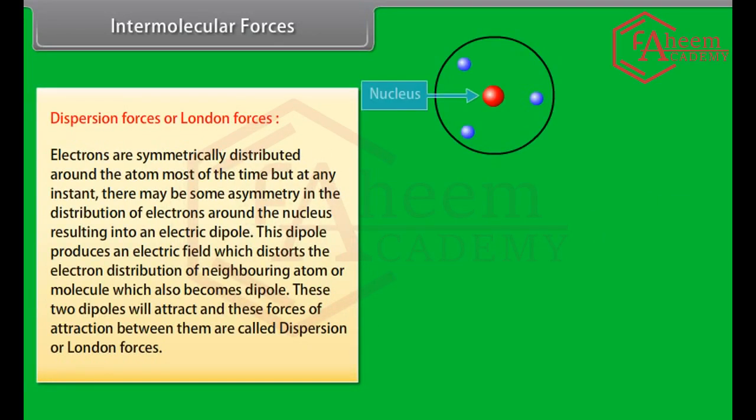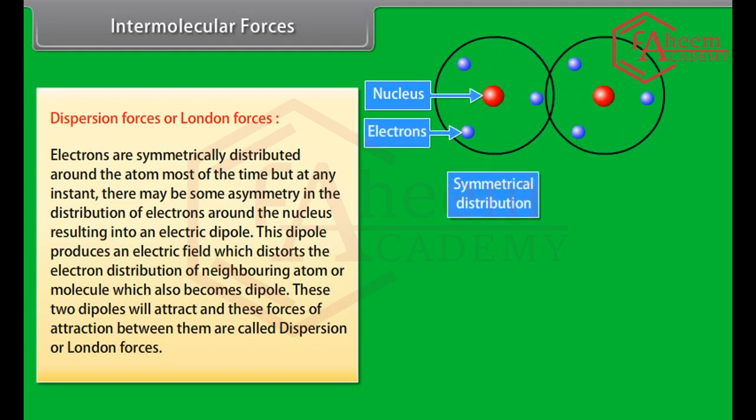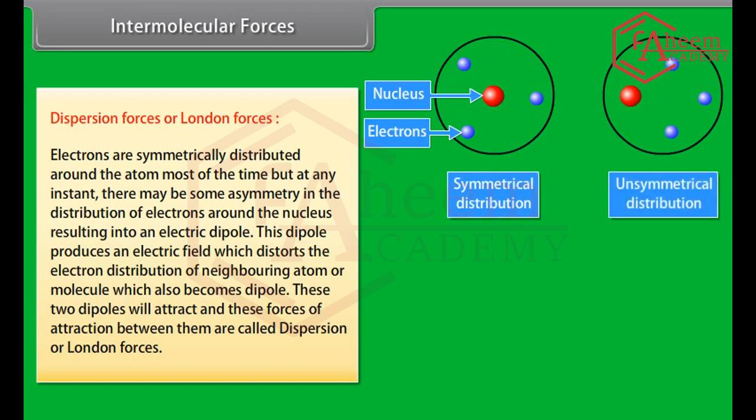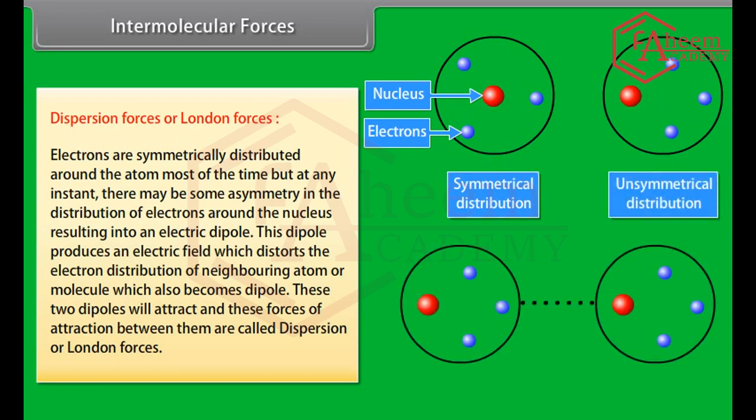Electrons are symmetrically distributed around the atom most of the time, but at any instant there may be some asymmetry in the distribution of electrons around the nucleus, resulting in an electric dipole. This dipole produces an electric field which distorts the electron distribution of a neighboring atom or molecule, which also becomes a dipole.